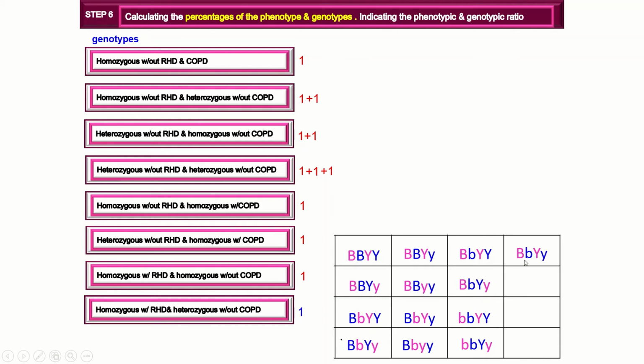Next, heterozygous without RHD and heterozygous without COPD. Okay, I think this one works. Next, we have heterozygous without RHD and homozygous with COPD. I think we had it previously. Okay, here.